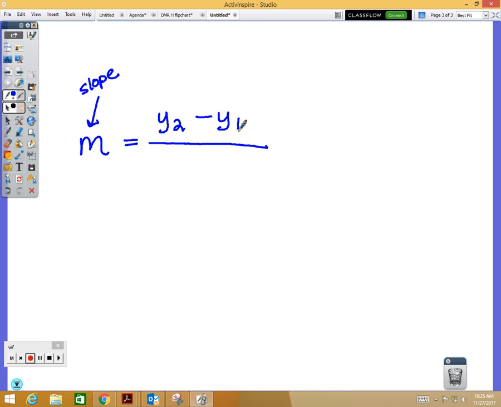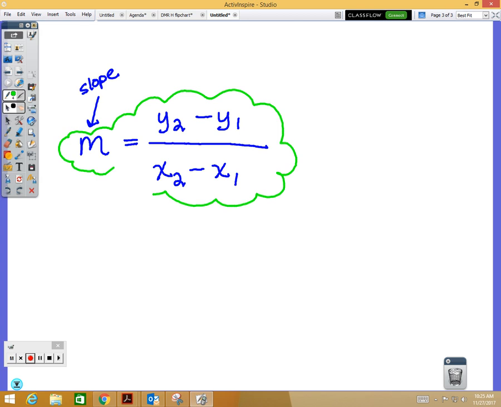Notice those are not exponents, they're smaller numbers, but they're kind of underneath a little bit instead of up top like an exponent is. Over x2 minus x1. Okay, so this is an important formula that you'll see quite a bit, actually.